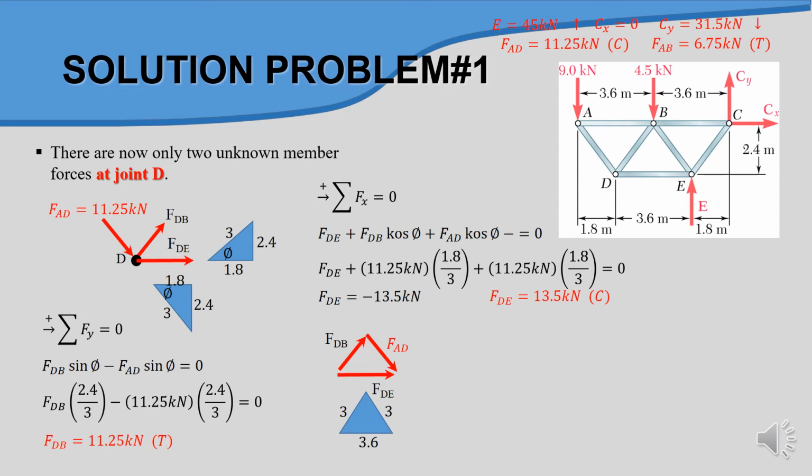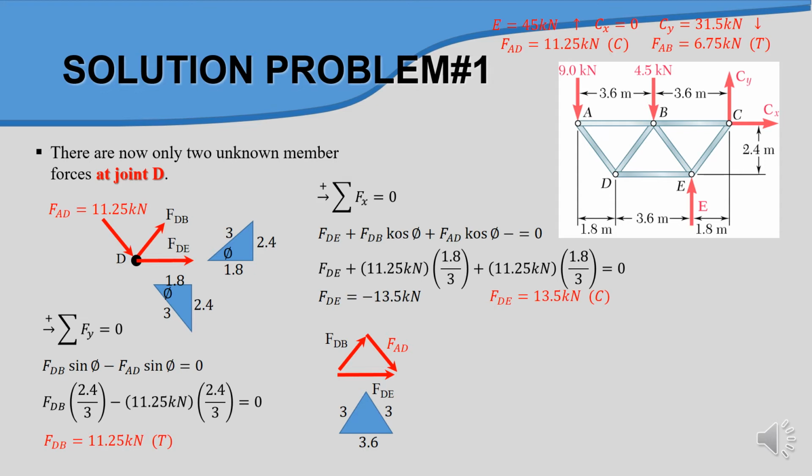It must be remembered that the two unknown forces must be set as tension, whereby the arrow is away from the point D.